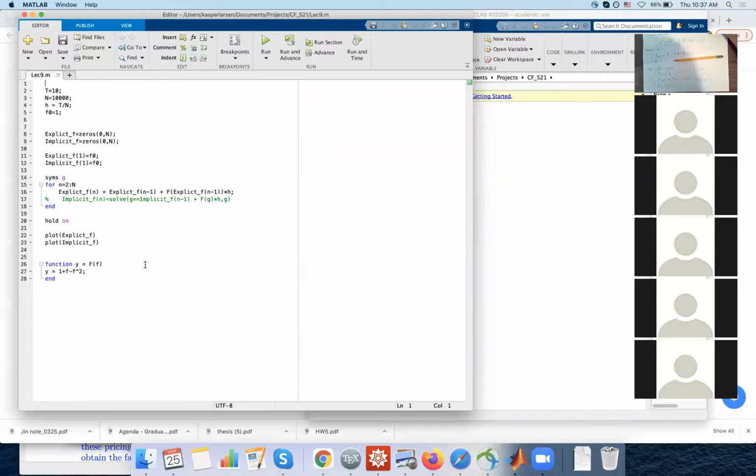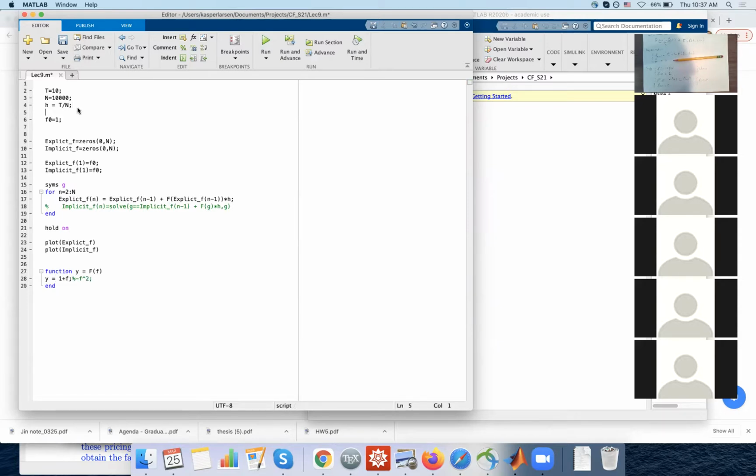This is my code. If I want to do the affine case, this is this one. I have 1 plus f here, and the initial point, this is my f0. My initial point is just equal to 1, and then I have the explicit and the implicit.